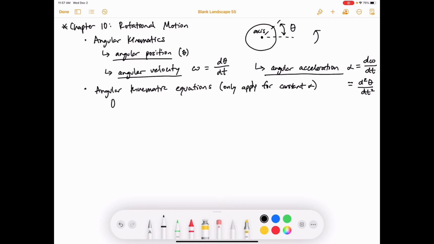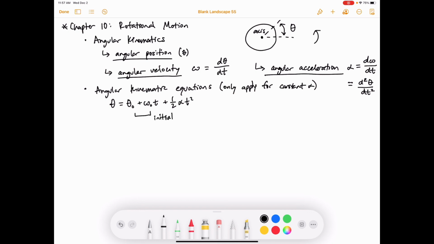So the first one is theta equals theta naught plus omega naught times time plus 1/2 times alpha times time squared. So where you see a little zero subscript, that's referring to an initial value.